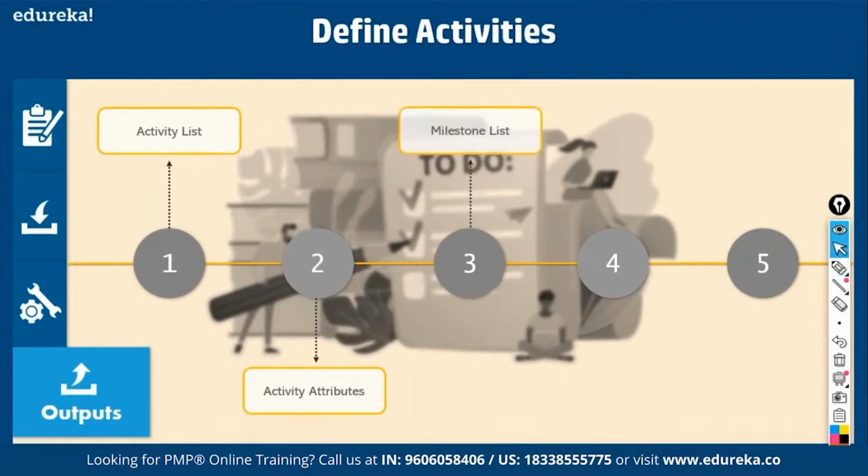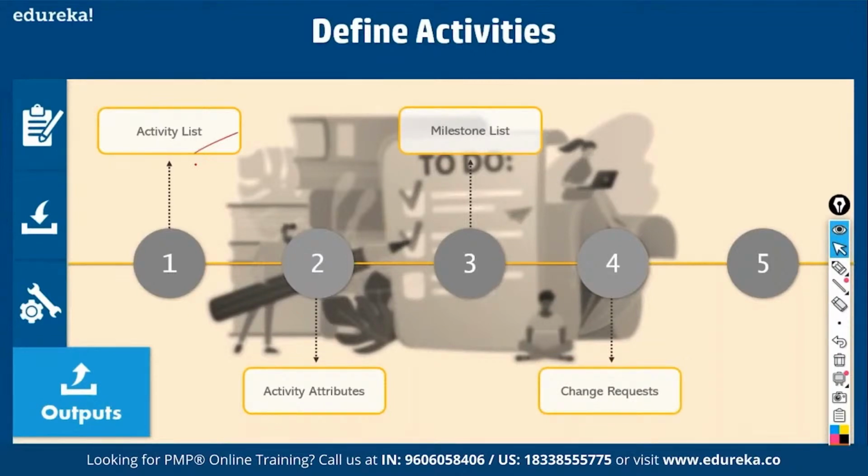What are milestones? Milestones are significant events in the life of a project. For example, for a business analyst, requirement sign off is a milestone. For a product owner, the date on which you have to take the product out to the market is a milestone. For a project manager, a budgetary check is a milestone. So if there are any milestones attached to activities, you also have to mention that along with the activity list. Fine. Then what else?